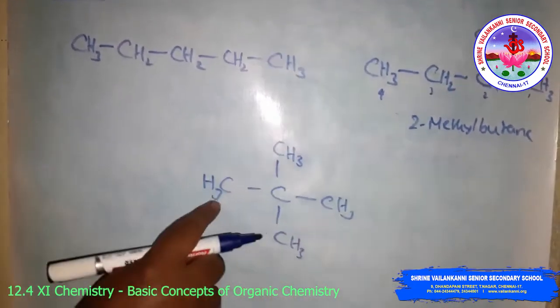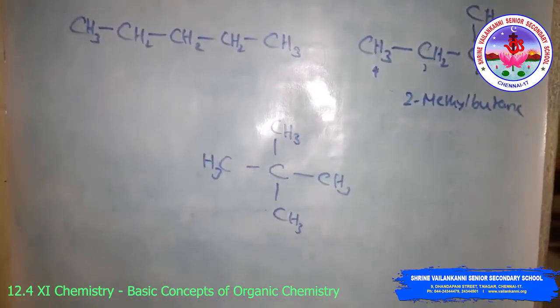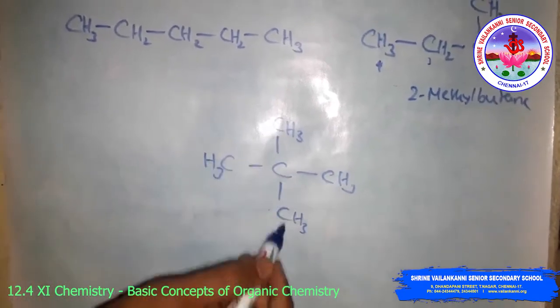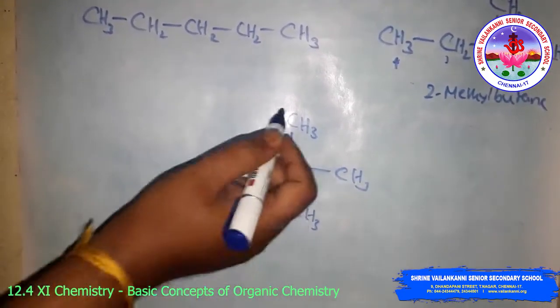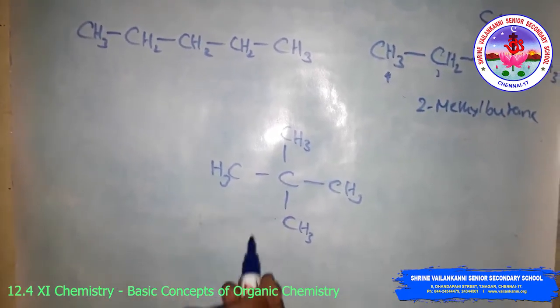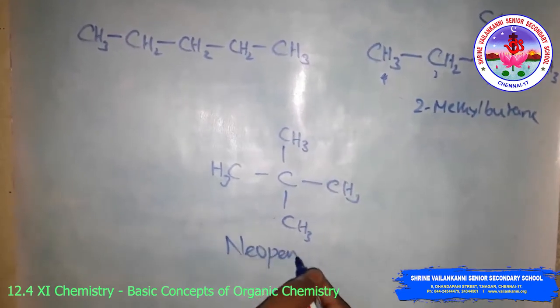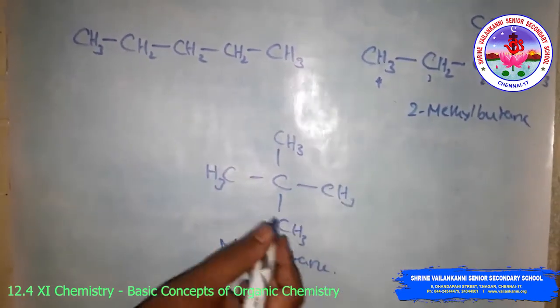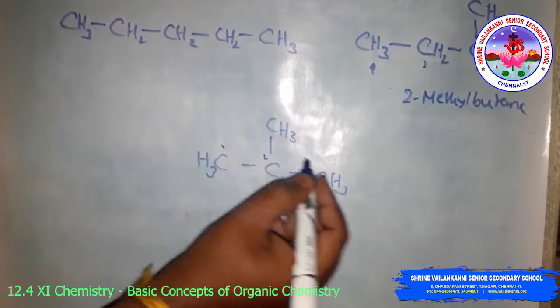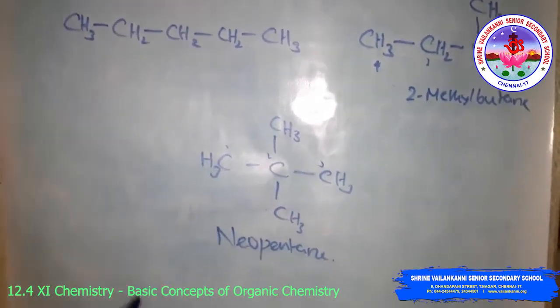So CH3, 3, 9, this one 12. So this is neopentane, or 2,2-dimethylpropane. You can use neopentane as the common name. This is neopentane, or 1, 2, 3, meaning 2,2-dimethylpropane.